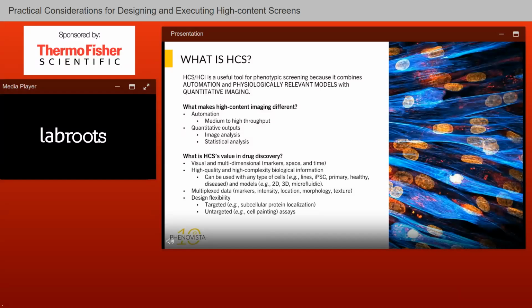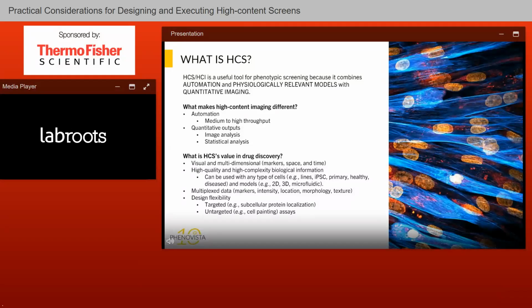The main value of high content, especially in drug discovery, is its ability to really interrogate aspects of human disease or even animal disease, but to be able to make measurements of cell populations with the appropriate levels of resolution.